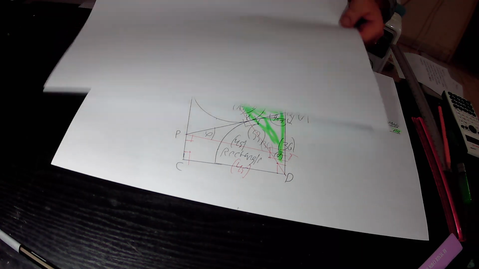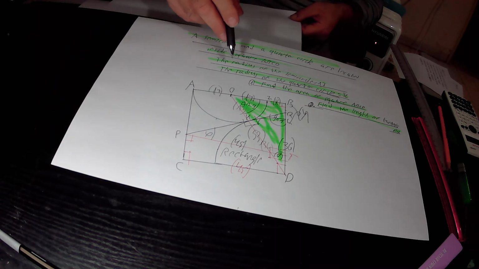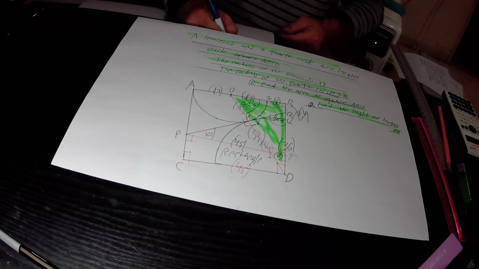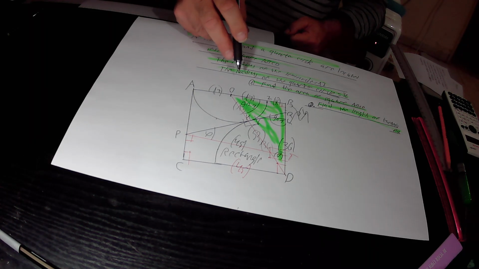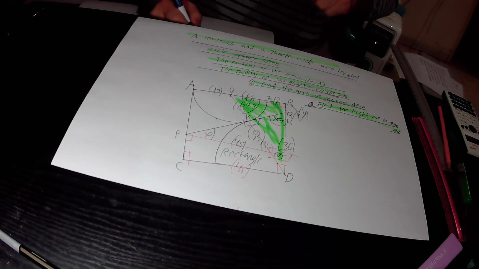So we have to prove that this right triangle OBD can go into this right triangle QPT.